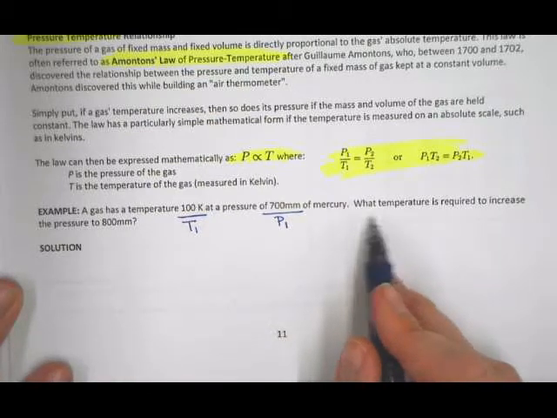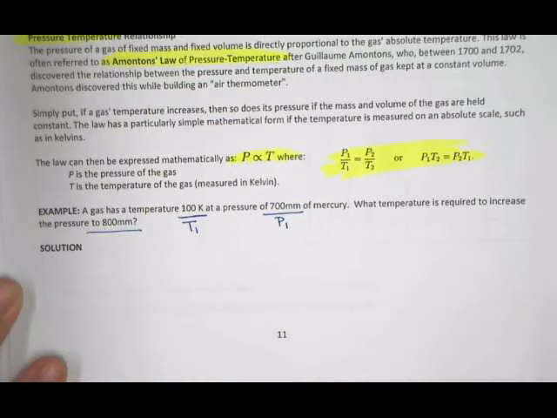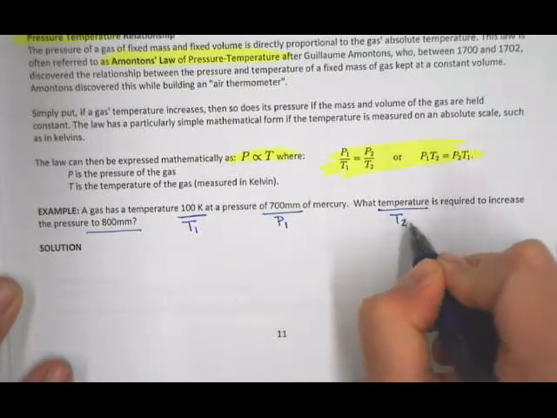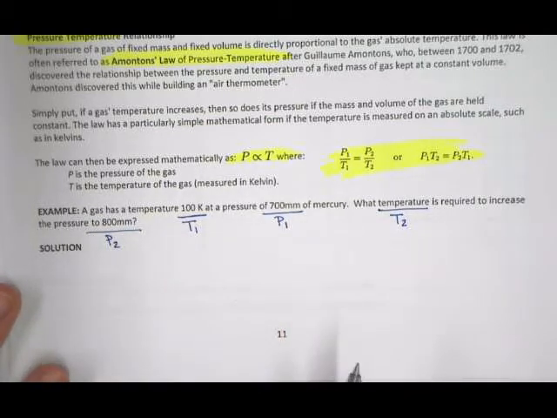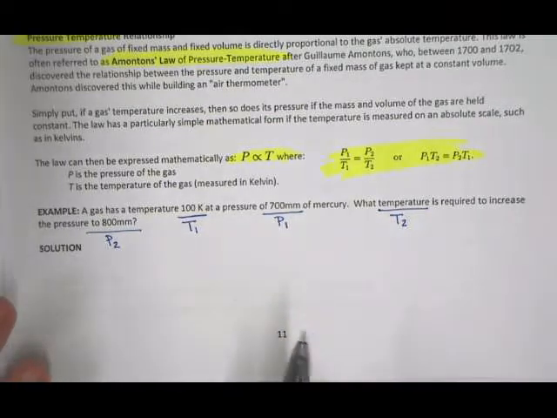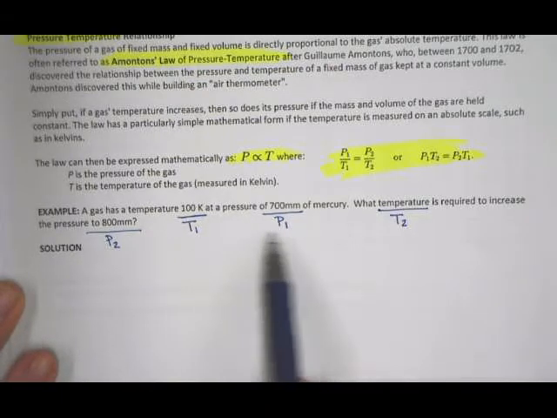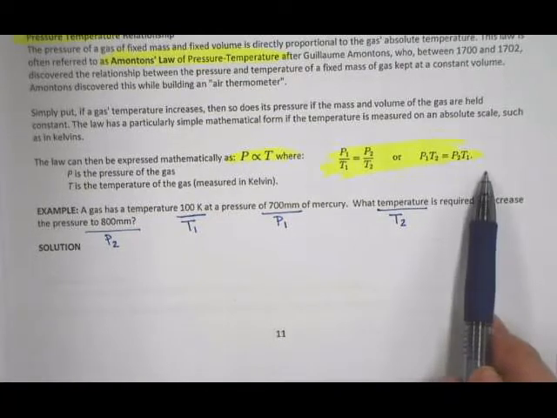And it says what temperature is required to increase the pressure to 800. This is what I'm changing it to. So that would be my temperature 2, or my new temperature, and pressure 2 would be my new pressure. Once you've read the question and identified which things are first and which are second, you can use either equation, it doesn't matter to me which one you use.